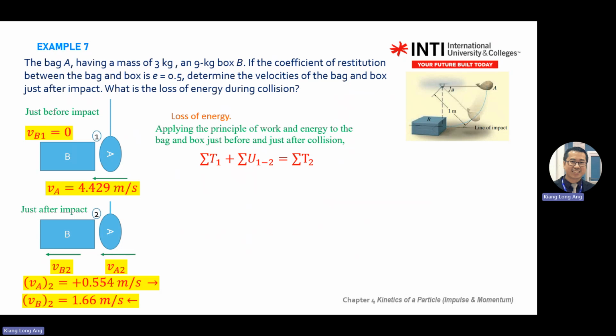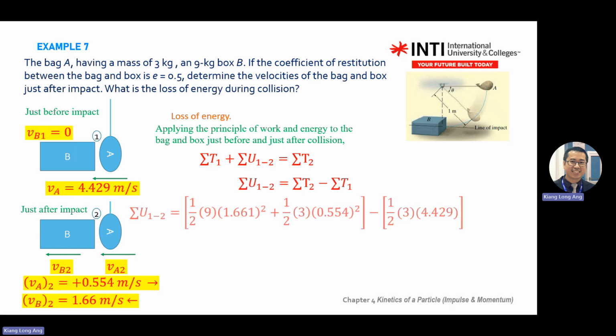So in this case, we use kinetic energy. We move that around and we put in all the numbers.